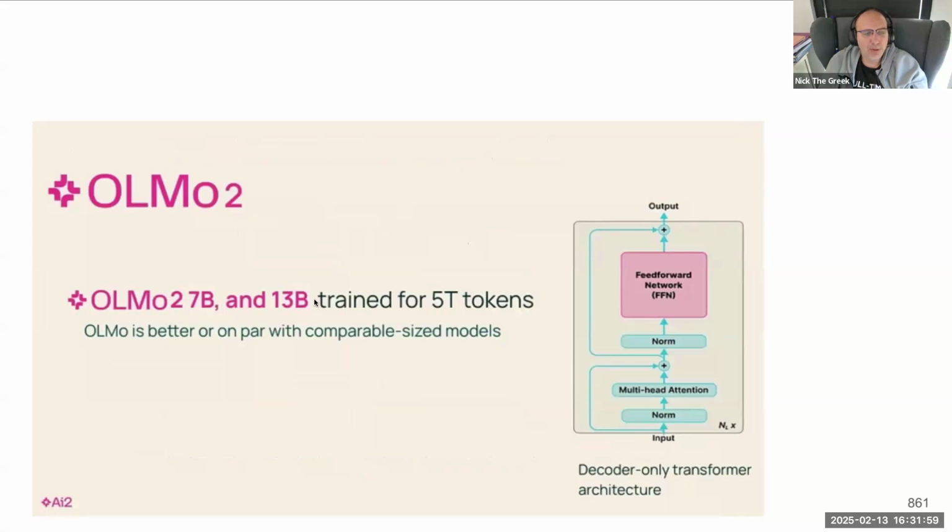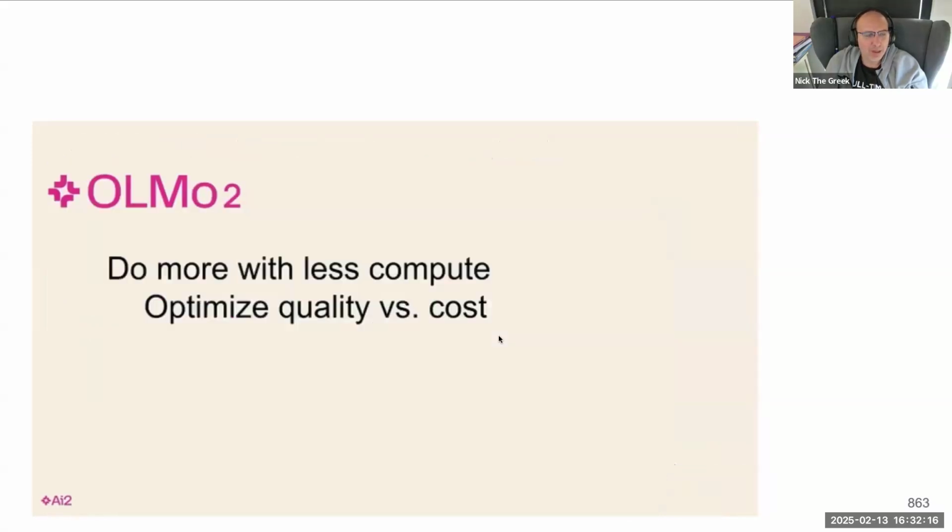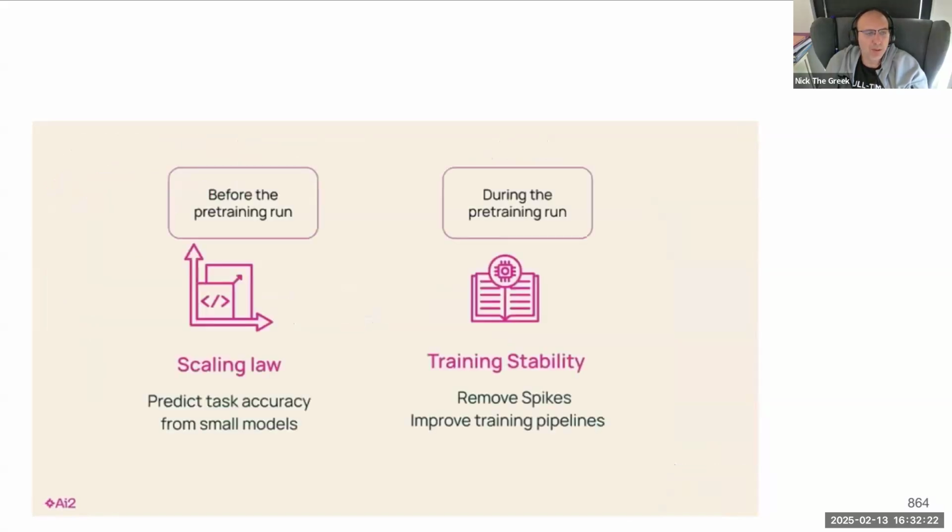Olmo 2, 7 billion and 13 billion, was trained on 5 trillion tokens. You can get access to that. Pre-training runs are costly. You can see here how the cost grows exponentially to almost 500,000. The goal is to do more with less compute and optimize quality versus cost.